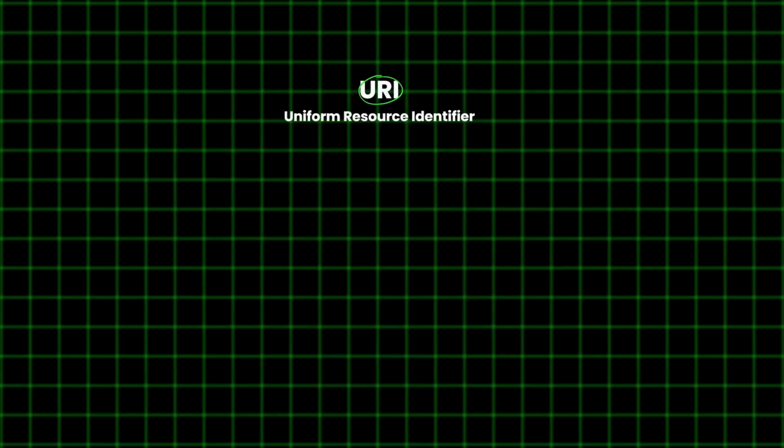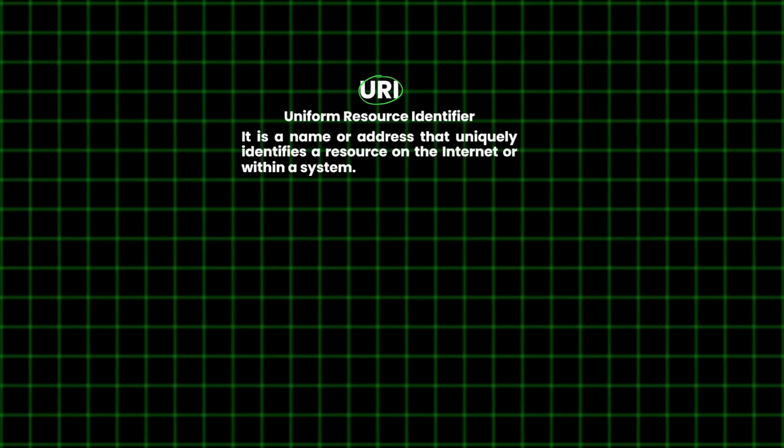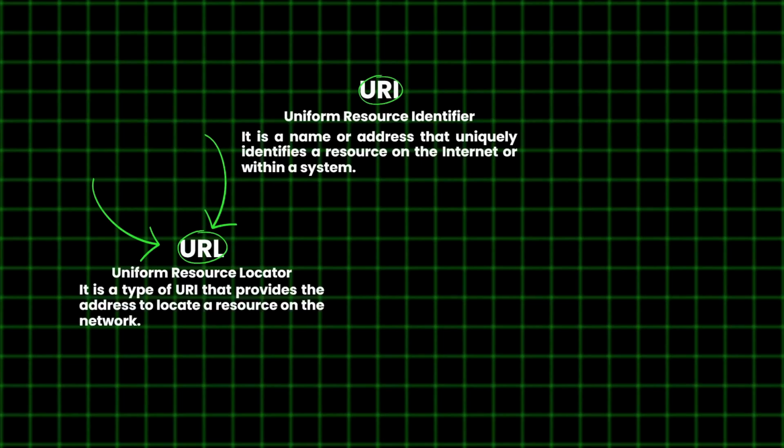URI, Uniform Resource Identifier. It's a name or address that uniquely identifies a resource on the internet or within a system. So the URL is a Uniform Resource Locator. It's a type of URI that provides the address to locate a resource on the network.